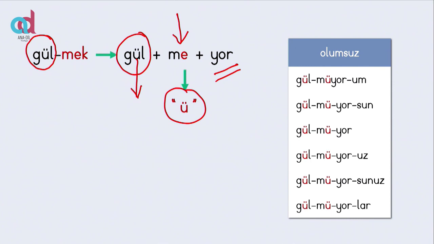Let's conjugate together, okay? So the very same basic rule applies here as well. The root, the negative suffix. So, the question is, kim gülmüyor? Ben gülmüyorum. This one is our personal suffix.